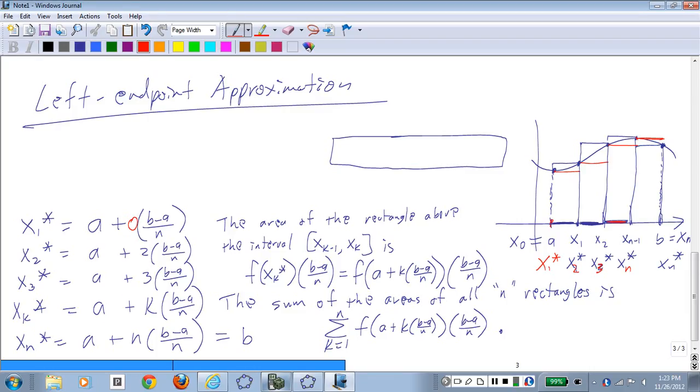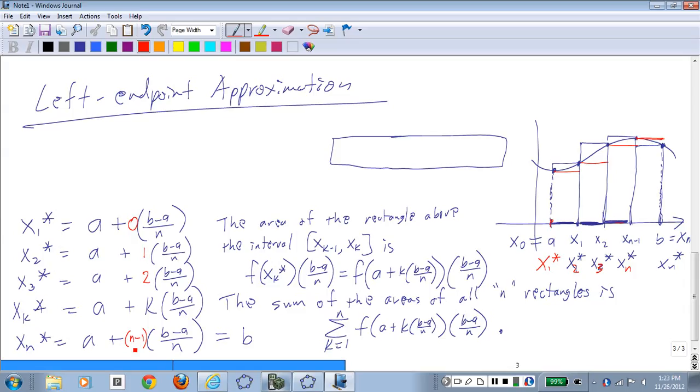The second one is x sub 2 star. Well, we start with a and go one little subinterval. So it's going to be a plus one of those. X sub 3 star is going to be a plus two of those. X sub n star is going to be a plus, not all of them, but all but one of them.